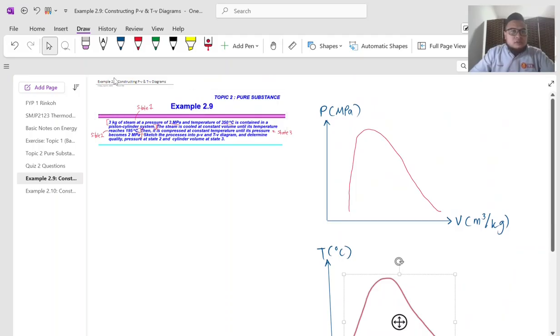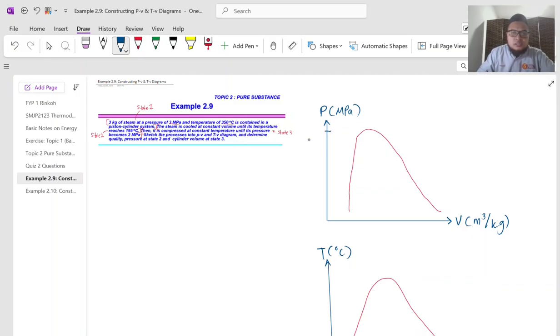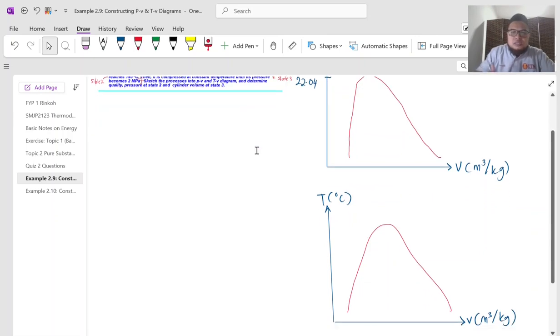So we know that the critical pressure is 22.04 megapascals, and the critical temperature is 374.14 degrees Celsius.